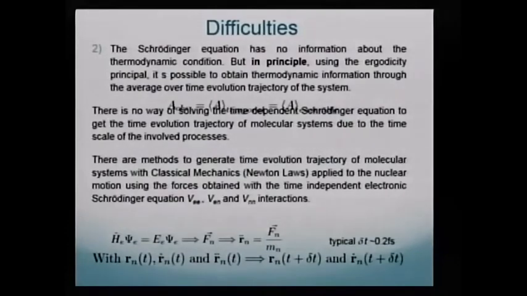So the idea here is that we can build a methodology we call ab initio molecular dynamics, where we solve the Schrödinger equation in the electronic state, calculate the forces on the nuclei, and then use the classical equations of motion from Newton's law to calculate the acceleration and move the nuclei.